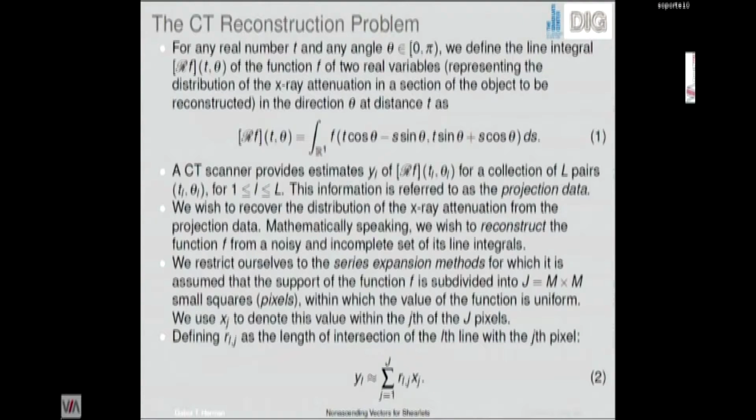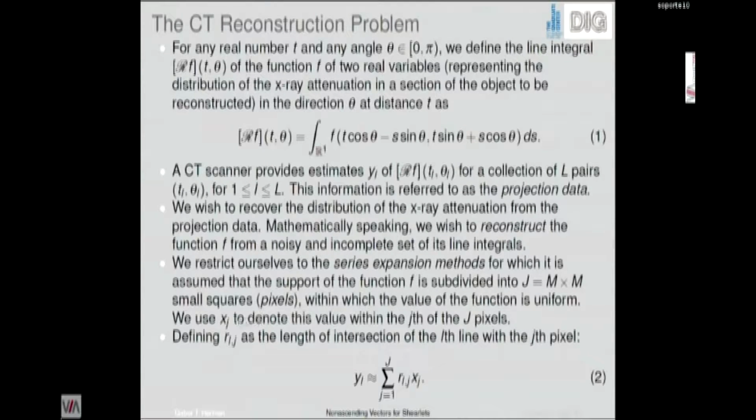So we know that the function that we're reconstructing is of bounded support, and we can easily estimate the support. So one way is we take the support of the function and we subdivide it into small squares referred to as pixels, picture elements, and we assume that within each one of these pixels the value of the function is uniform. So that corresponds to having a digitized image.